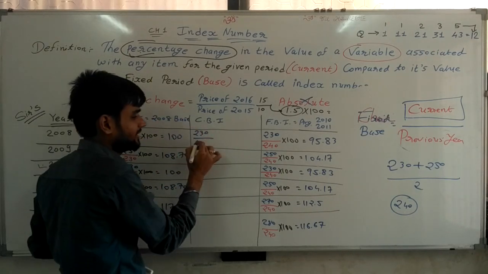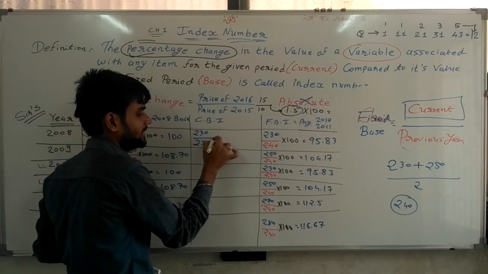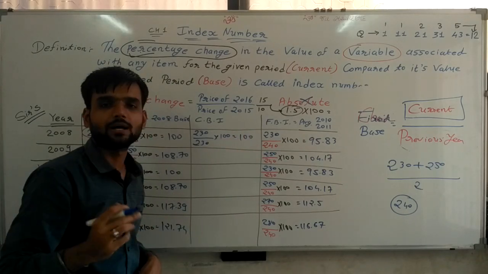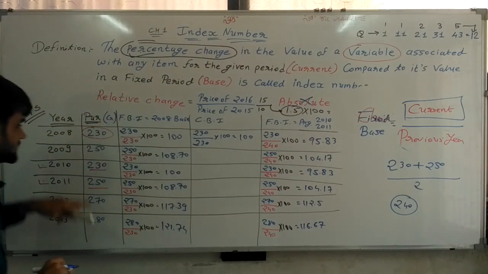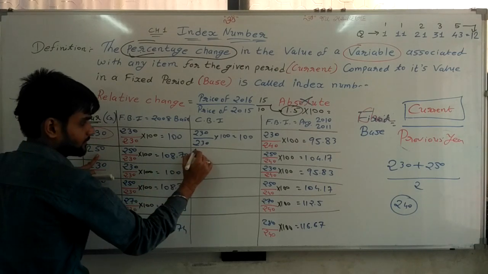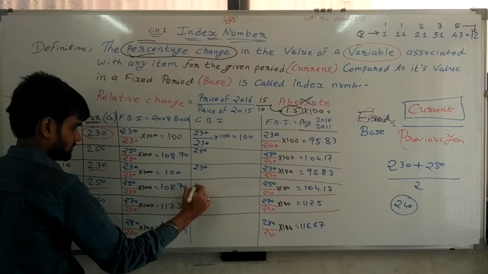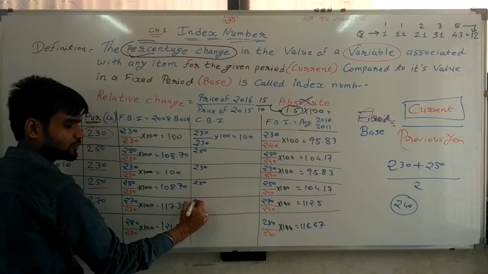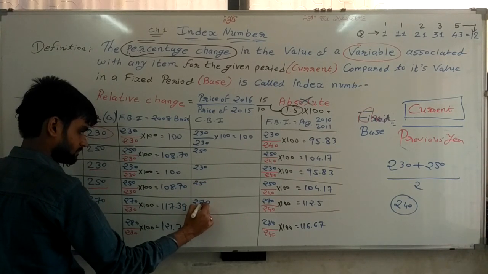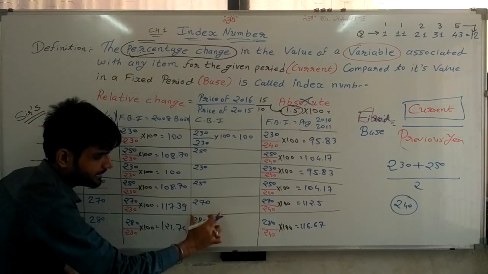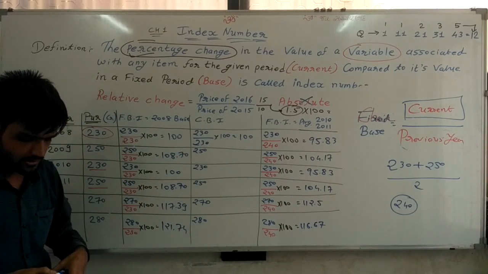Don't worry, take 230 as it is into 100, answer 100. Simple. Sir, current year 250. So current year values remain same in all these situations.